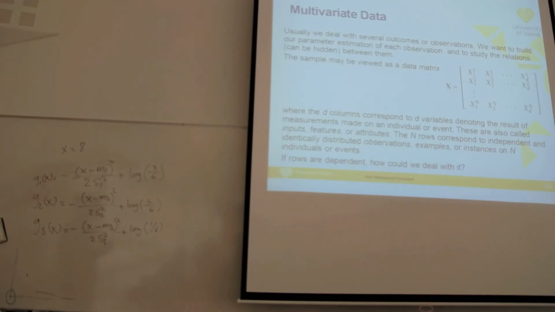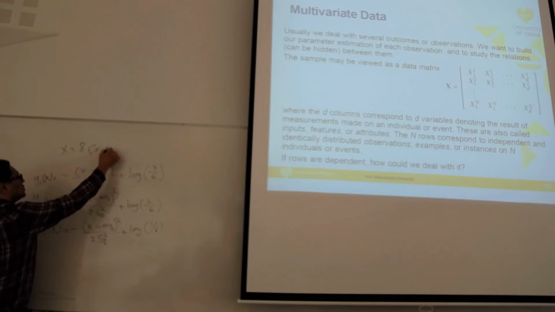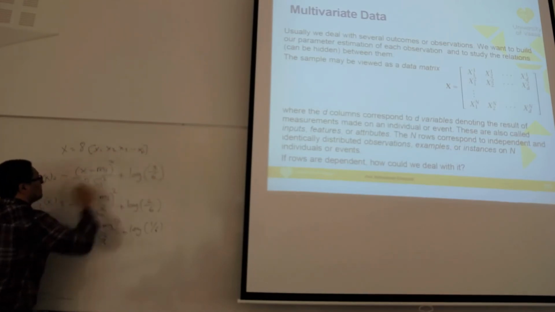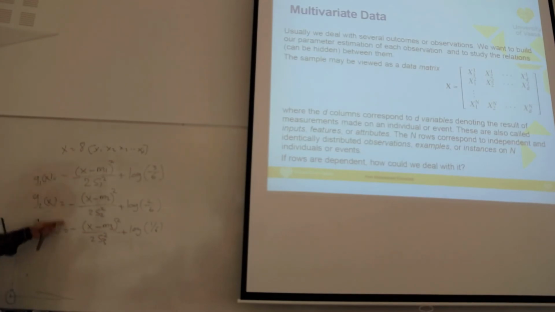What if we have not a single element? Because here we have a single element, but usually in reality we have a vector of attributes. We have x1, x2, x3 until, for example, xn. And in that case, how can we build the discriminant function? Because actually with a single element, it is not useful. In reality, most of the problems are multivariate, not single element.